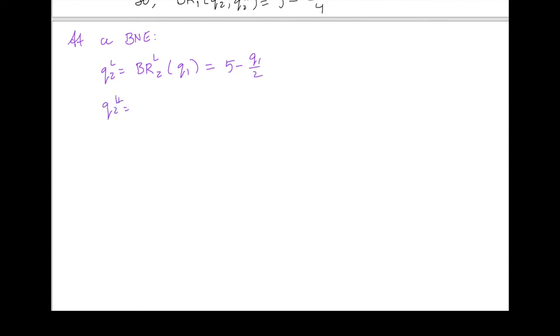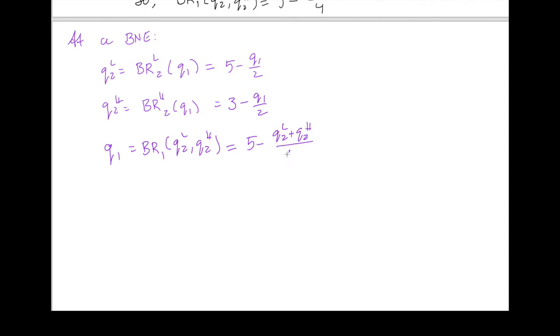Q2H has to be a best response of the high type of firm 2 to Q1, so it has to be 3 minus Q1 over 2. And finally, Q1 has to be a best response for firm 1 to the strategy Q2L, Q2H, so it has to be equal to 5 minus (Q2L plus Q2H) over 4. Let's call these equations 1, 2, and 3. So we've got 3 equations and 3 unknowns.